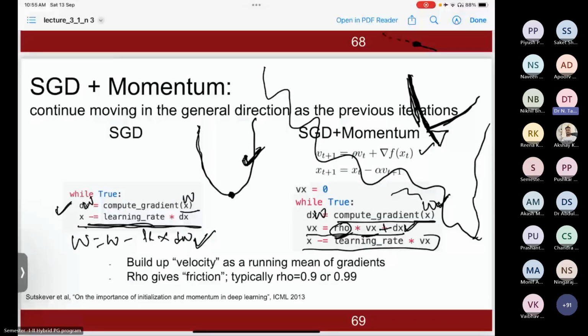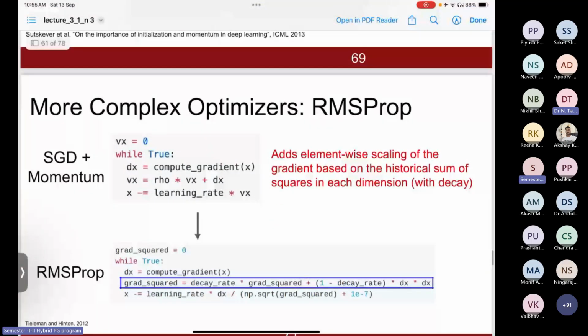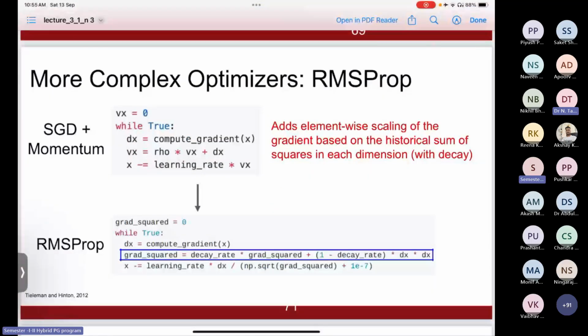Yes, sir. Okay. So now the next optimizer is RMSProp. What RMSProp does, let us first see SGD plus momentum.